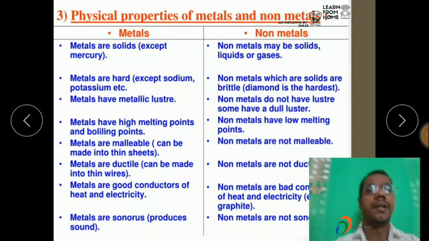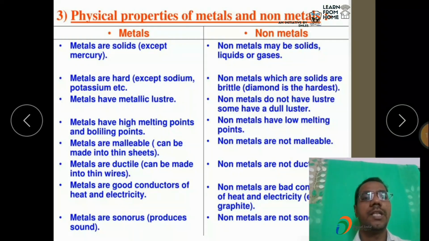Next, metals are malleable. What is meant by malleable?